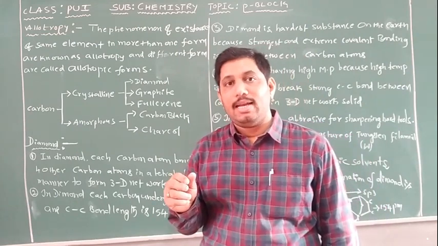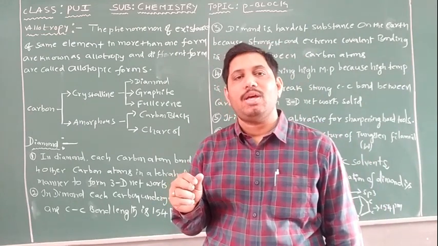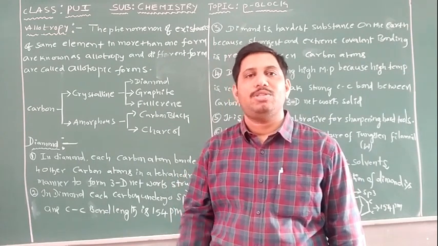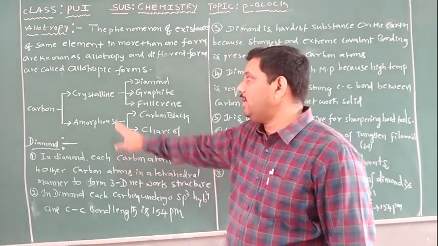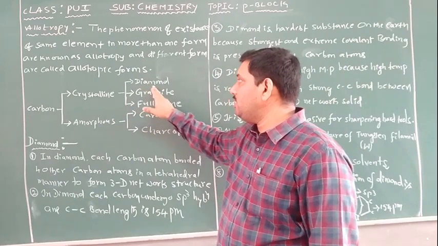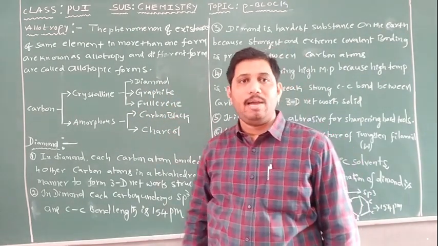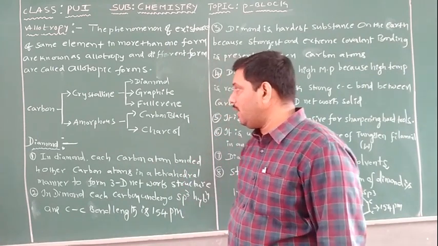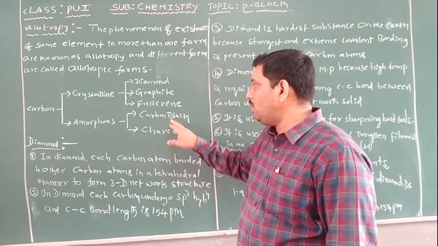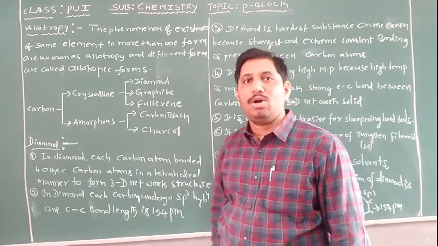Rough like sand means crystalline, smooth powder means amorphous. The crystalline allotropic forms of carbon are of 3 types: diamond, graphite, fullerene. And the amorphous allotropic forms of carbon are carbon black and charcoal.